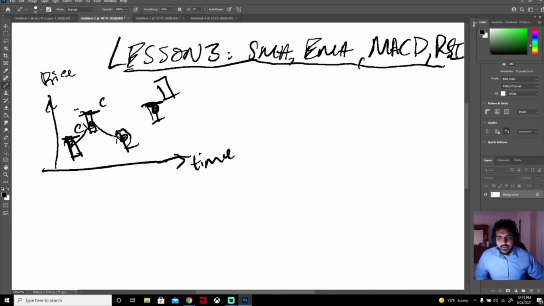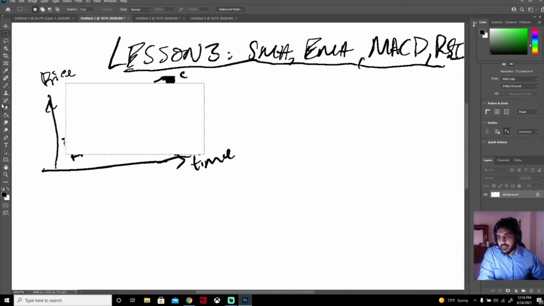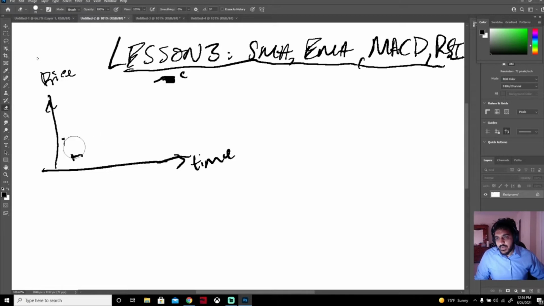So whatever the close value was, we take that close value and we put it as a point. So I want to take this out. We don't care about the rest of the candle when we're doing an SMA or anything. Basically, all calculations occur on the close values of the stock.